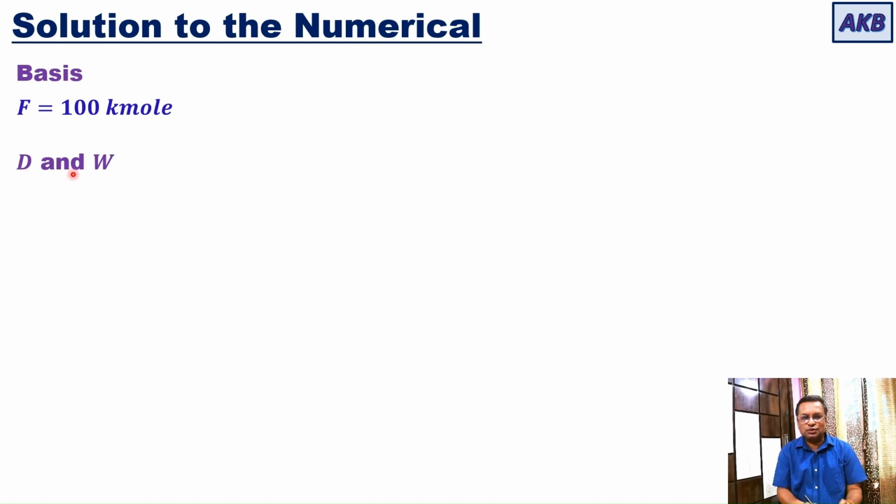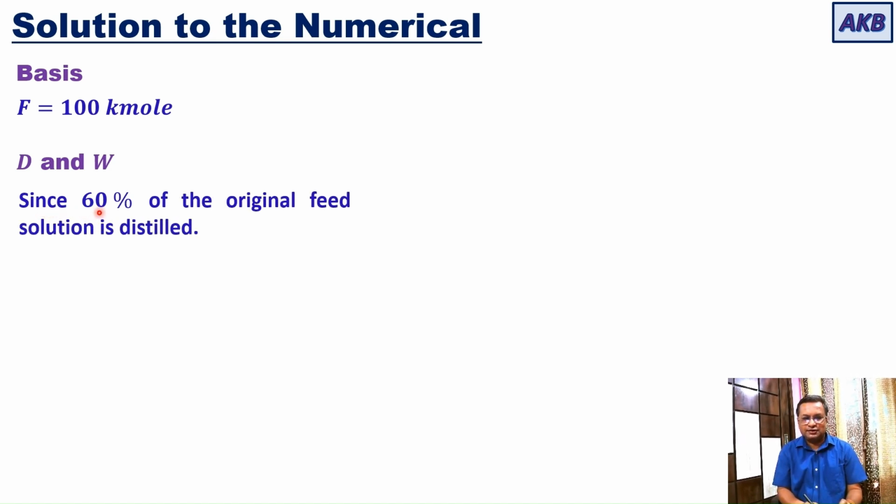First, we have to calculate D and W. For that, we will use the information provided to us. Since 60% of the original feed solution is distilled, you can express this mathematically as D is equal to 0.6 F. That is, the quantity of distillate obtained is 60% of the quantity of feed.